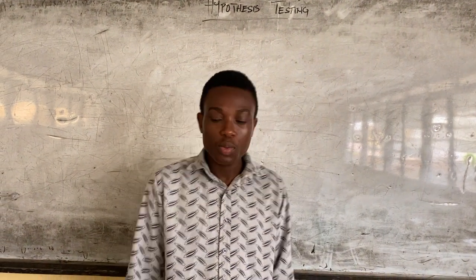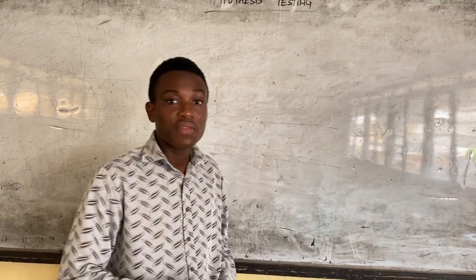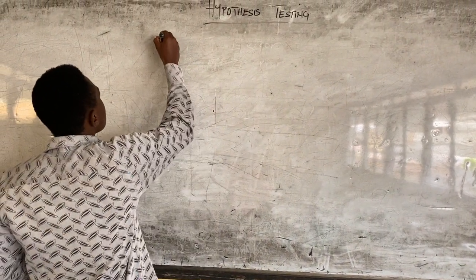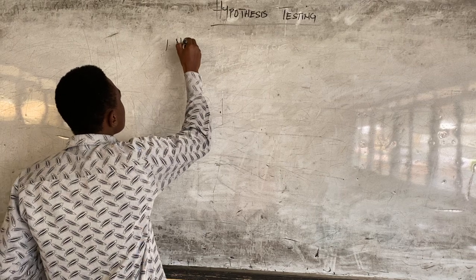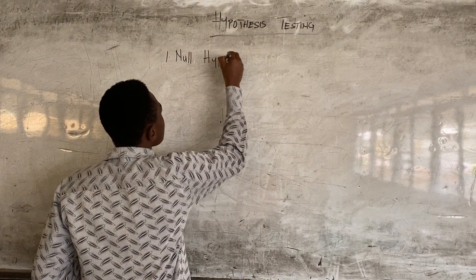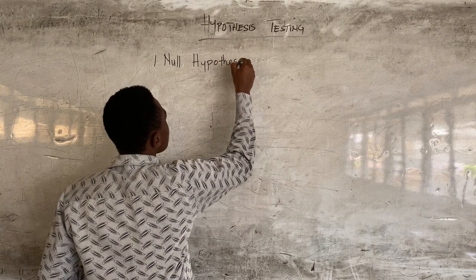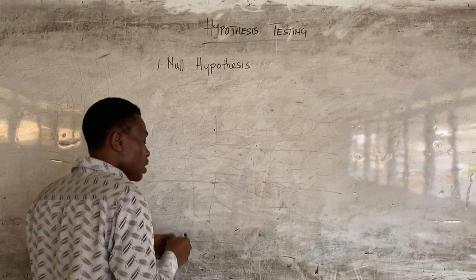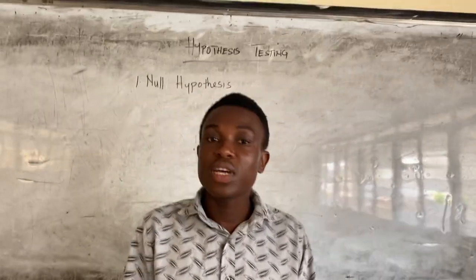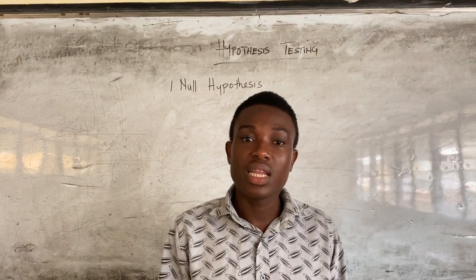We have the null hypothesis and then the alternative hypothesis. Let's begin with the null hypothesis. The null hypothesis states that there is no difference between a parameter and a specific value.